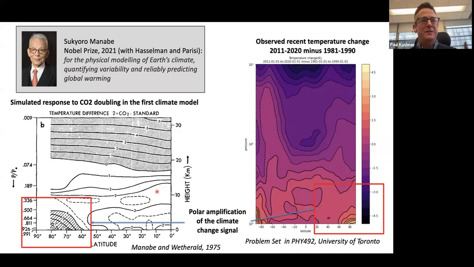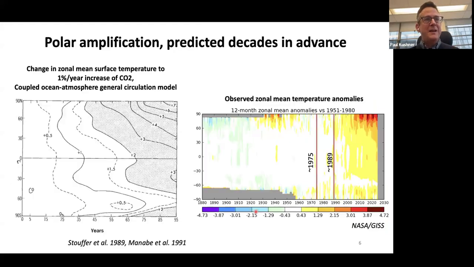But basically, this is the amplification of the climate change signal in the polar regions, also subtly in the southern hemisphere. And this is in a model that doesn't have an interactive ocean, but when you add an interactive ocean, you get this result from, I think, work that probably started in the mid to late 1980s. So this is a full maybe 15 years later.